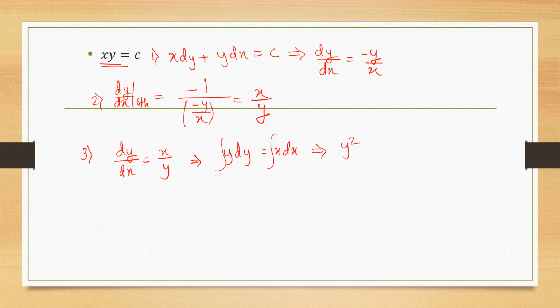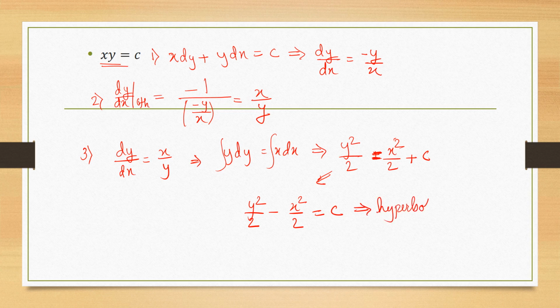So it will be y square by 2 equal to x square by 2 plus c. Or if I rewrite this equation, I can write y square by 2 minus x square by 2 equal to c, which is the equation of a hyperbola. So in this way we can determine the orthogonal trajectories of given curves.